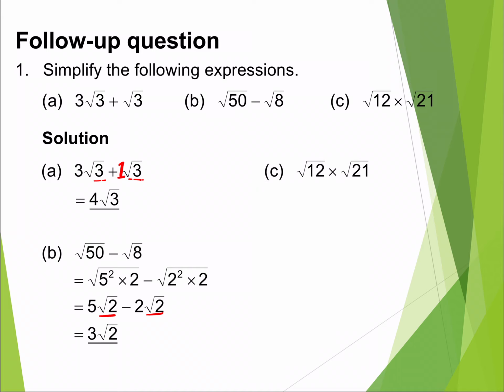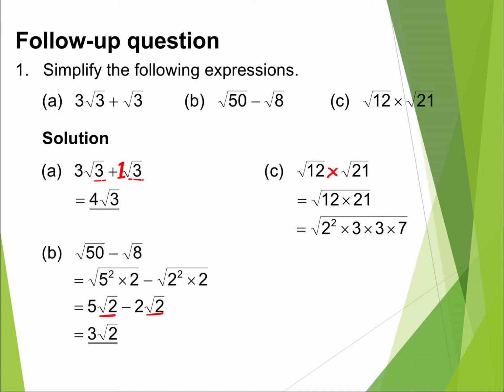And part C, we find the factors to break down the numbers in the surds. 12 equals 2 times 2 times 3. Okay, so we can try to combine these two numbers. Because it is a multiplication, we could combine the surds.